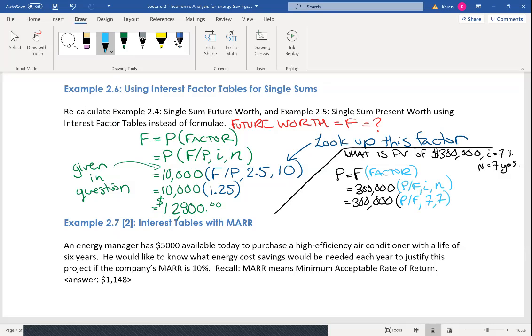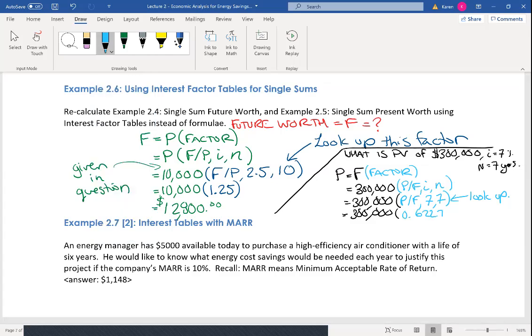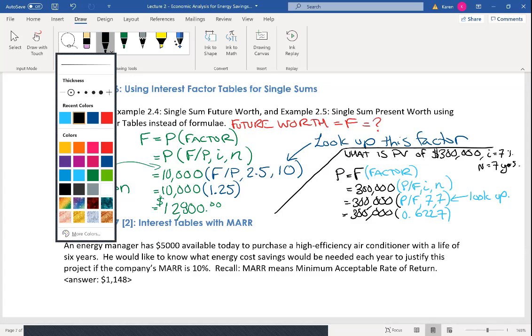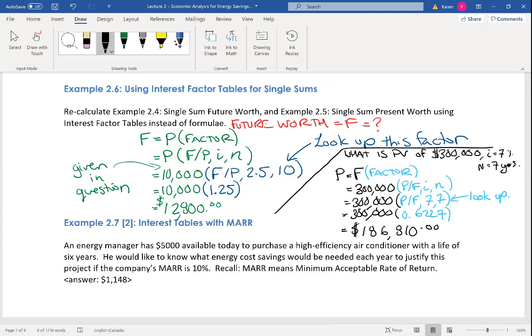We look this up in our chart, in the tables, and you'll find that that is 0.6227. And when we calculate this through, we see that the present value that I had to invest was only $186,810, consistent with our previous answer.